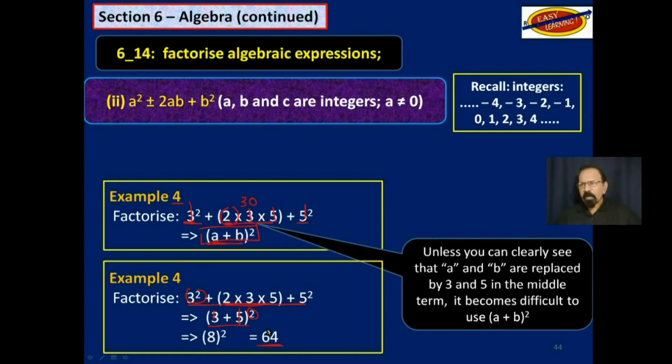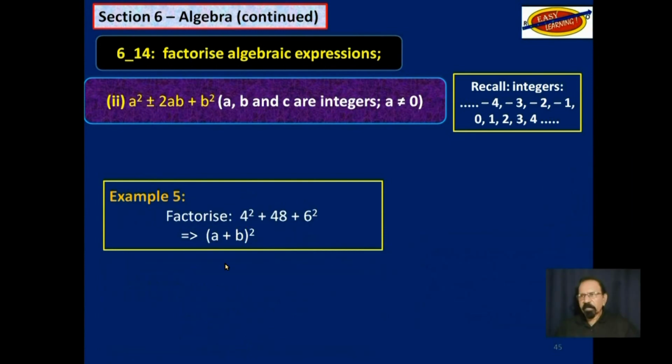But you need to recognize that this is A and that is B, and that is 2AB. Let's look at this example. Factorize 4 squared plus 48 plus 6 squared. Now we will try to get that into this format.